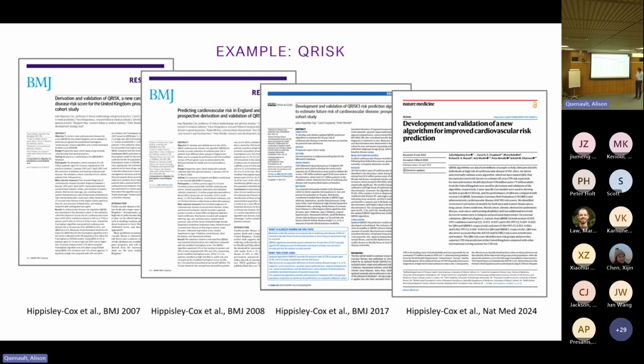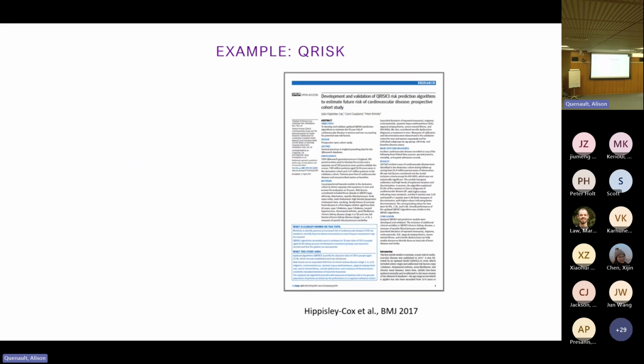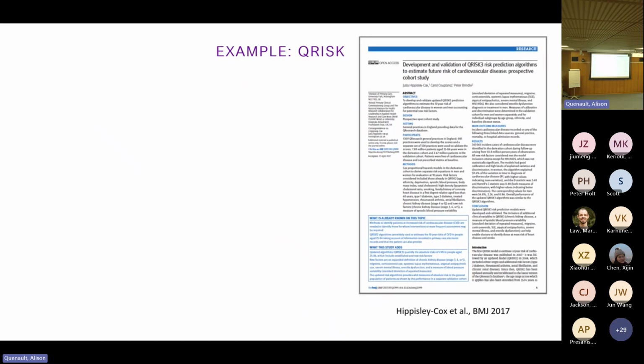And then number 3, which is what I'm going to use in the example, is from 2017. And just last month, the latest iteration, number 4, Q-risk 4, was published in a paper in Nature Medicine. The difference between number 3 and 4 is not massive, though. And yeah, my slides are just based on number 3, and I was lazy, so I haven't changed anything.